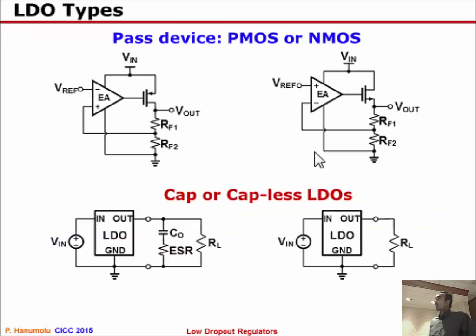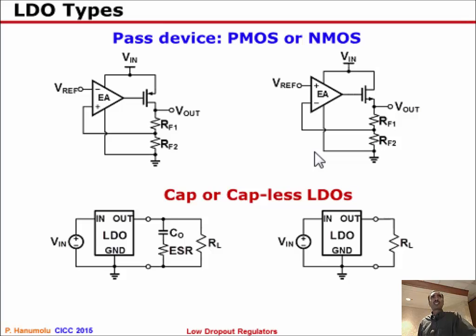Okay, so that's sort of an overview of the performance metrics that one should be aware of while designing LDOs. For the rest of the talk, I would like to talk about different kinds of LDO architectures and discuss what their performance metrics are based on the design choices we are going to make.